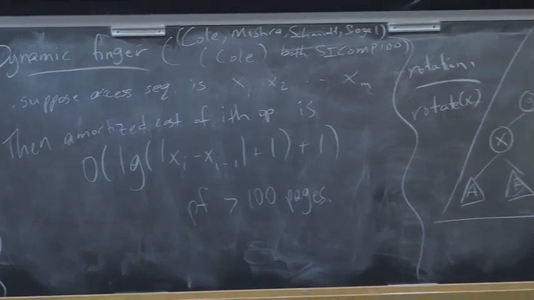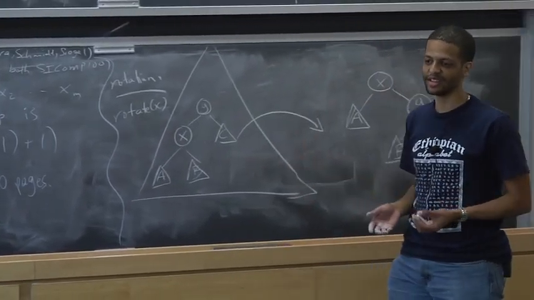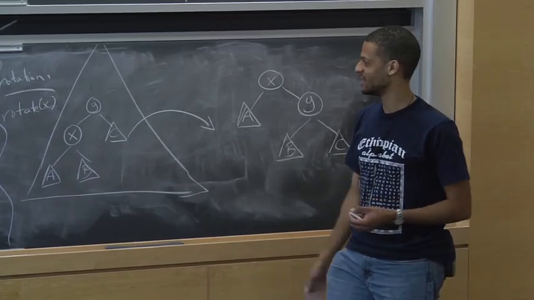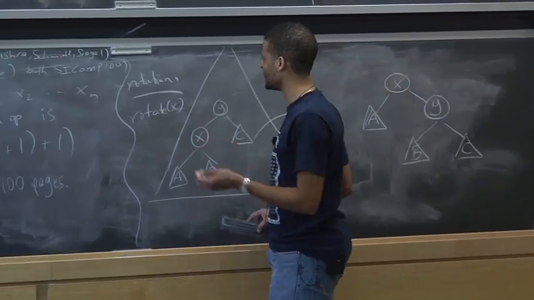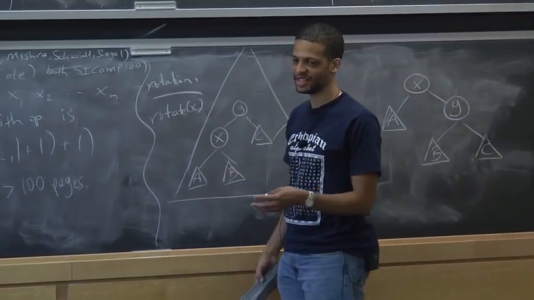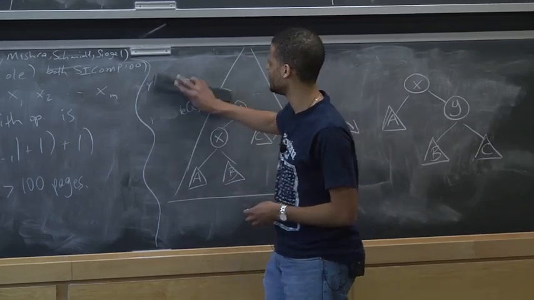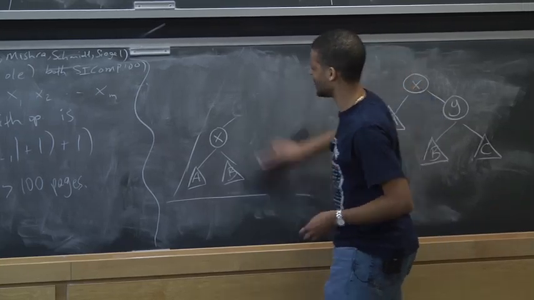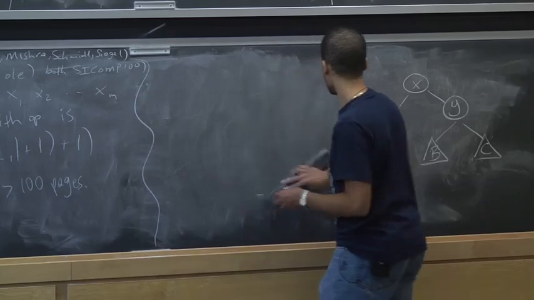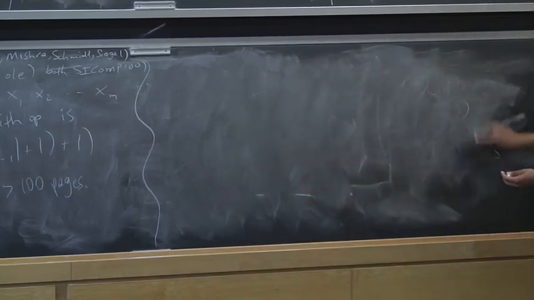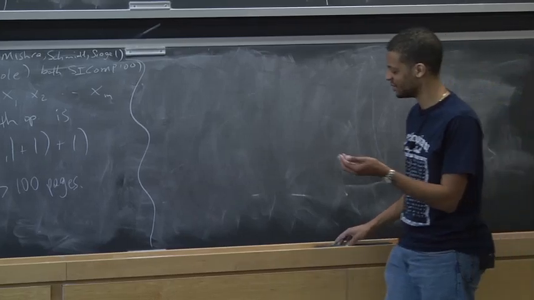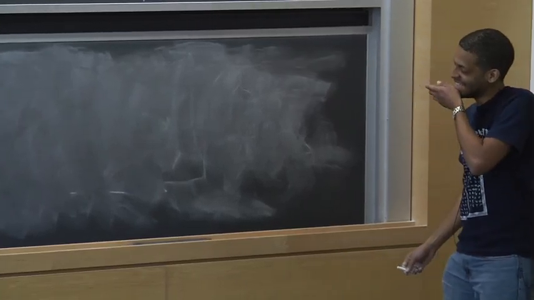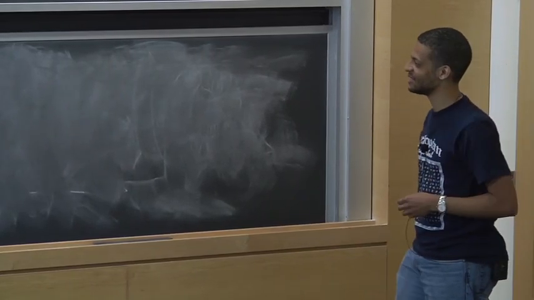If you actually want to implement a data structure, who cares how long the proof is? It only has to be proven once, whereas with the implementation, you might have to implement it in different languages or change the implementation a little to have some other property or something. You don't want to implement really complicated data structures that you then can't later debug, et cetera. Well, okay, so I guess it is nice to have short proofs too, because people can check it then, and also people can build on it. But anyway, that's dynamic finger.